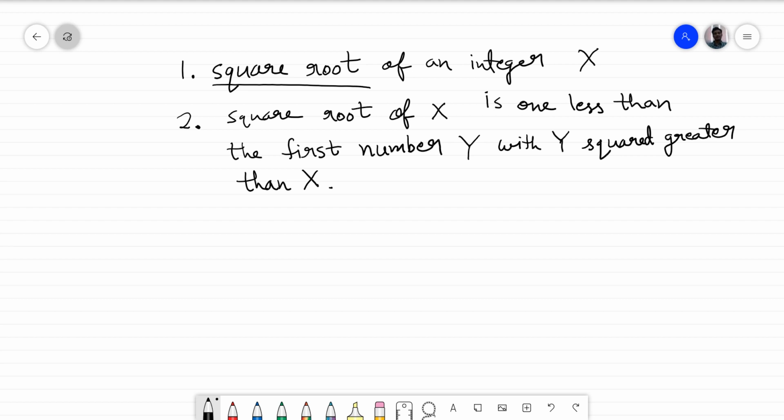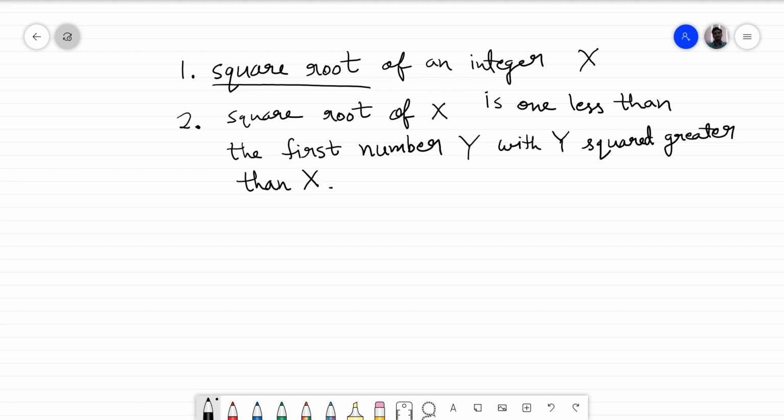So here you could have said, why not just say that it is equal to that number y whose square is equal to x, then we can take that number y. Yes, that can also be done, but this code that we are writing is a bit more generic.